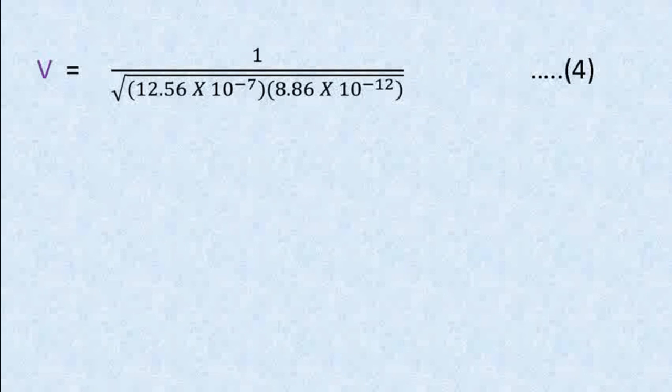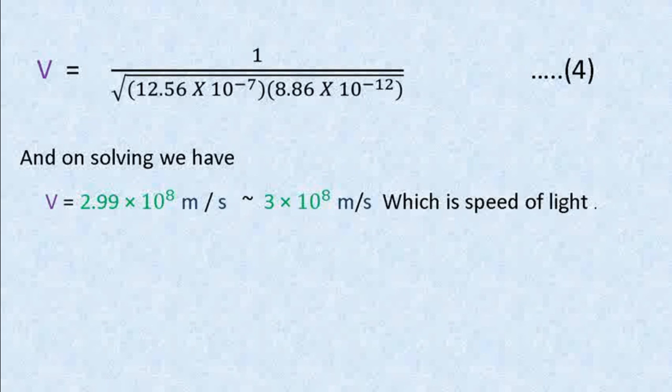Hence v will be equal to 1 upon under root of 12.56 into 10 to the power minus 7 into 8.86 into 10 to the power minus 12. And on solving this we will have v equal to 2.99 into 10 to the power 8 meter per second, and this is nearly equal to 3 into 10 to the power 8 meter per second, which is the speed of light.